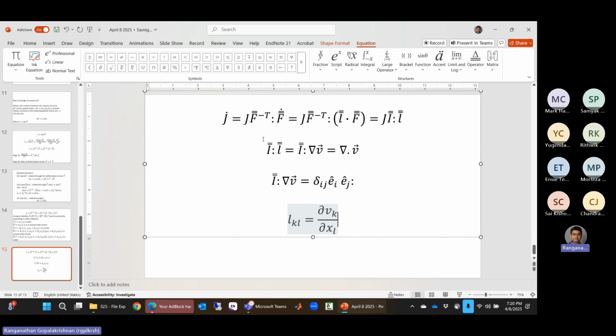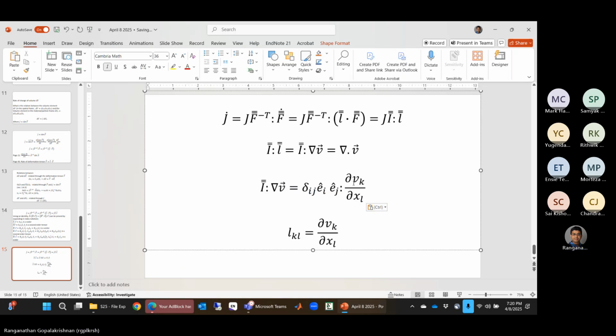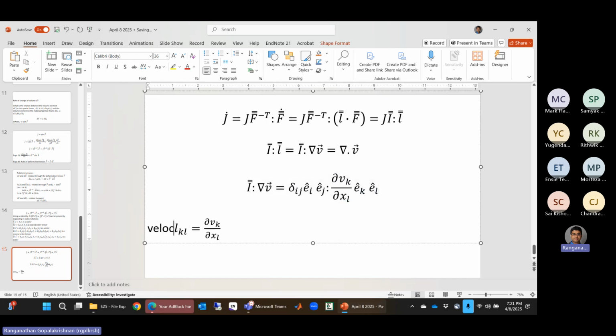So this will be a double product multiplied by EkEl. So this is the velocity gradient.